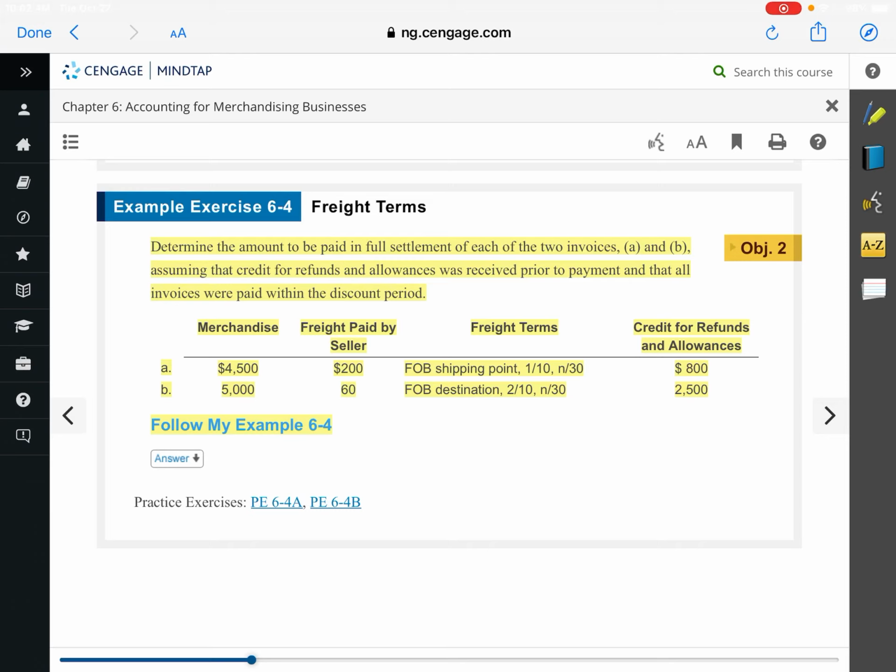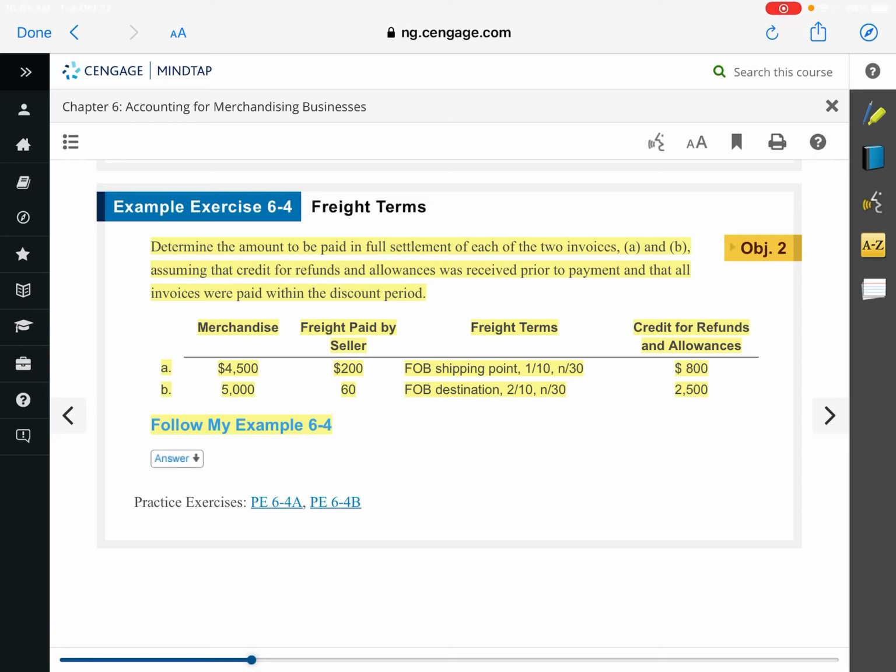Now, when did ownership transfer from the seller to the buyer, if it's FOB shipping point? When they dropped it off. Yeah, so when it was shipped. Okay? So if the buyer maintained control as it was being shipped, then the buyer should pay for that shipping.